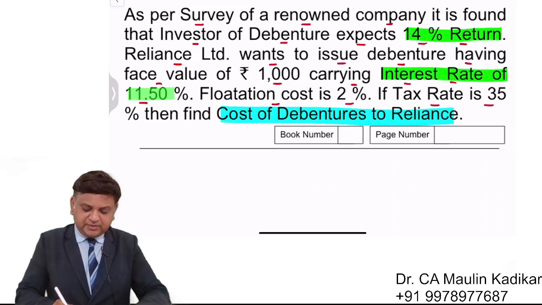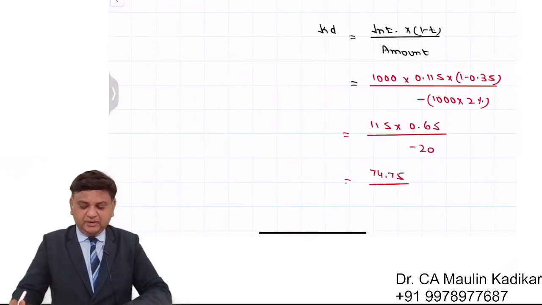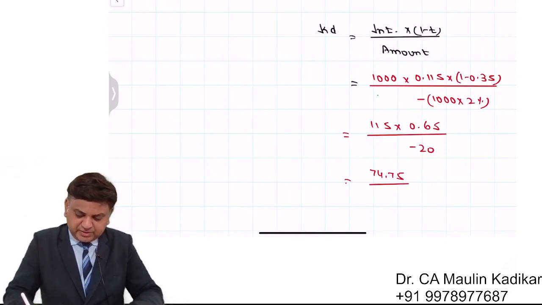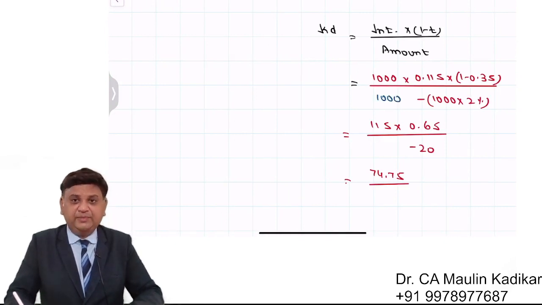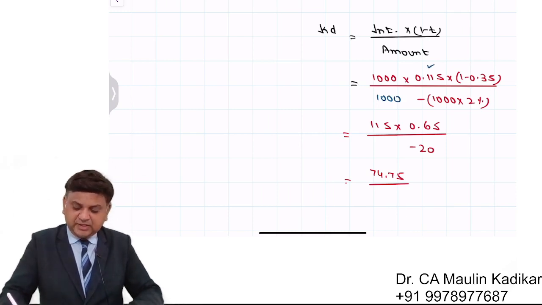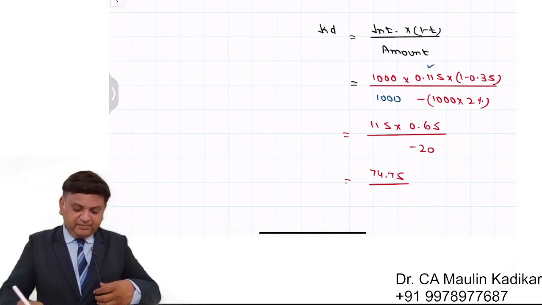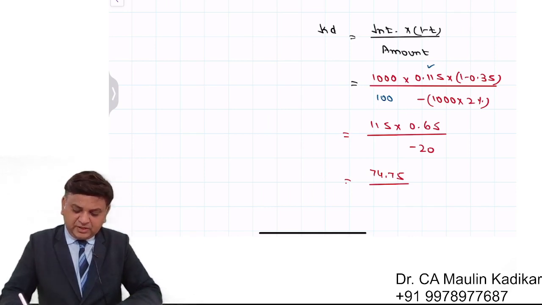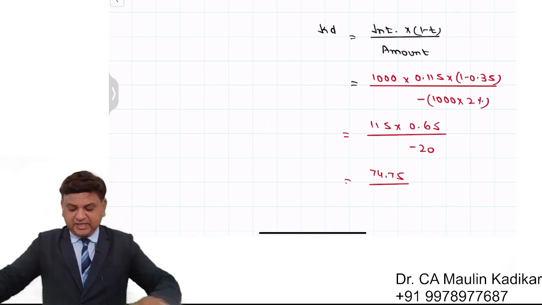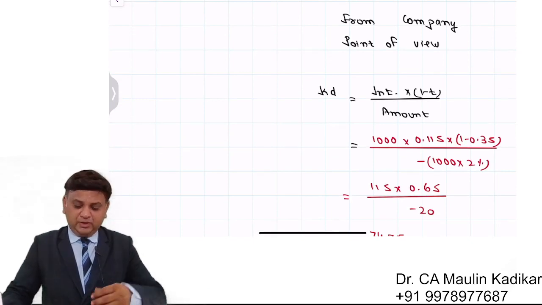So friends, if we issue the security at 1000 rupees, then investors will be reluctant to invest in the security. Why? Because we are offering the rate of interest of only 11.5%. It means we don't have a choice but to issue the security at discount.